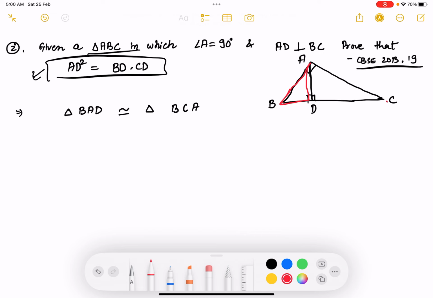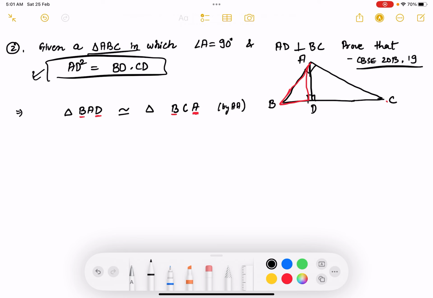In these two triangles, angle B is equal to angle B, both common. Angle D is equal to angle A, both equal to 90 degrees. So by AA similarity, these two triangles are similar.